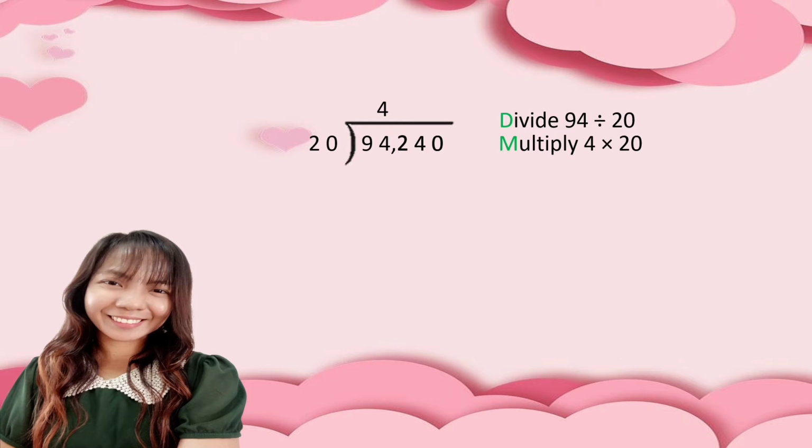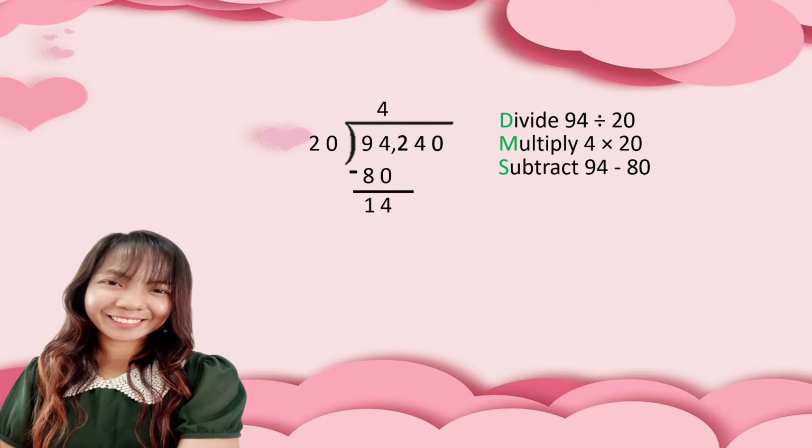What's the answer? Okay, the answer is 80. Now, S, sister, subtract. 94 minus 80. Okay, 4 minus 0, 4. 9 minus 8, 1.